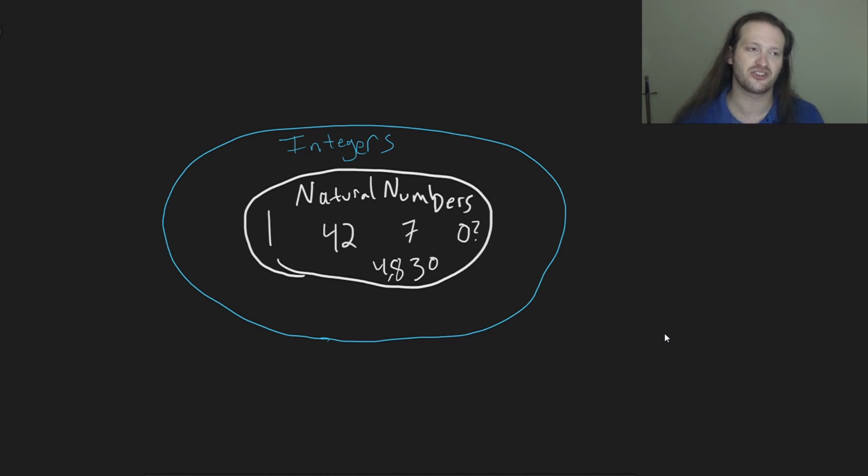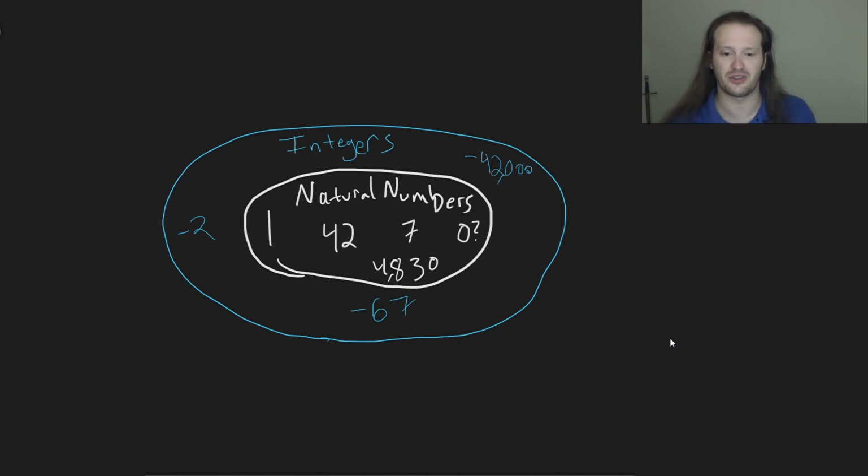And an integer is just a non-decimal, non-fraction, an entire whole number that can also be negative. So we have -2, -67, -42,000. Yeah, whatever numbers you want to put in on this.